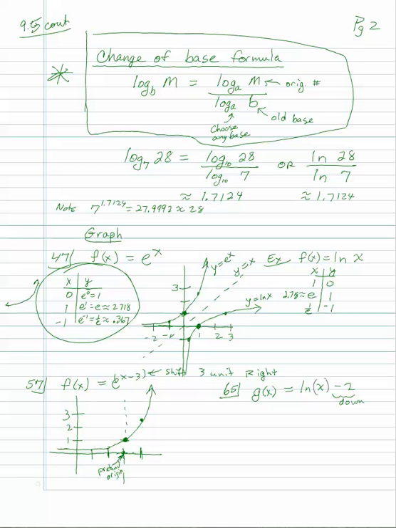Should have parentheses like that so there's no confusion. So I'm going to take this graph up here and just shift it down 2, so I'm going to make my pretend origin right here.